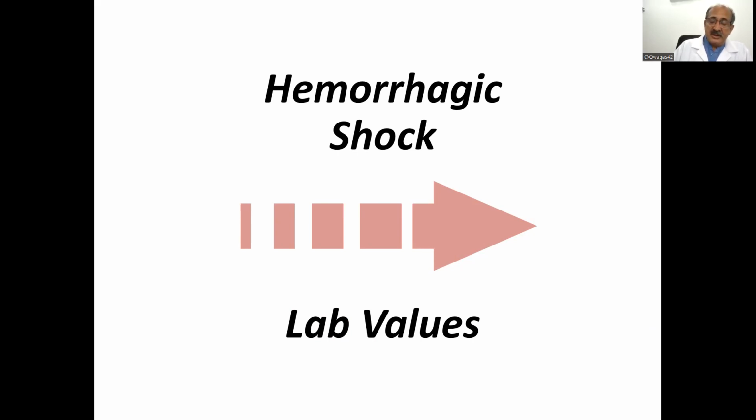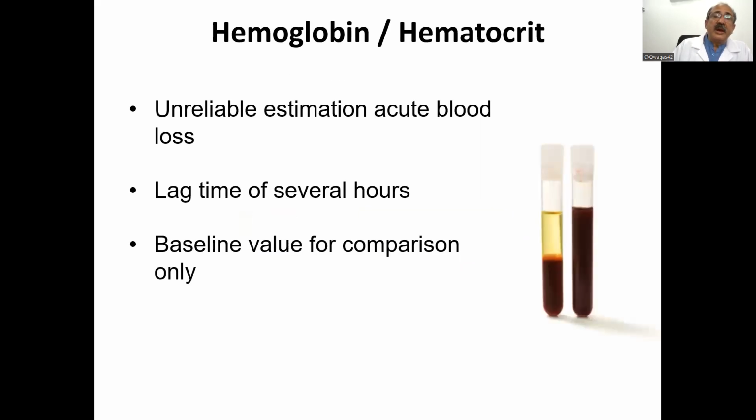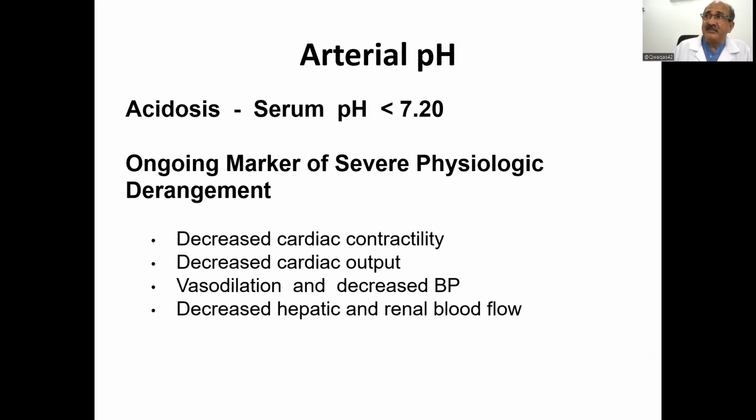Hemorrhagic shock, what about the lab values? Definitely hemoglobin, hematocrit, very important, but don't waste time waiting for the investigation. You have to manage clinically if there is delay in the reports. Arterial pH, this is very important. Normal is 7.4.